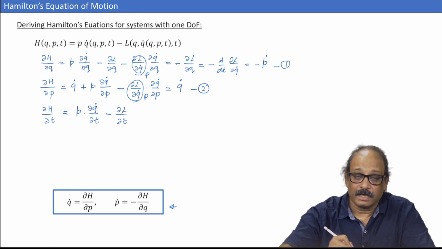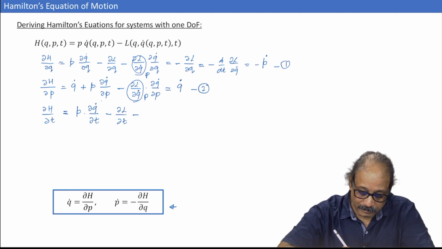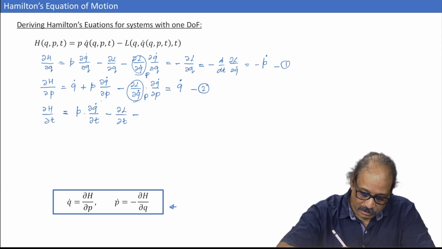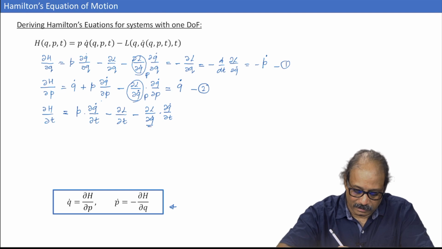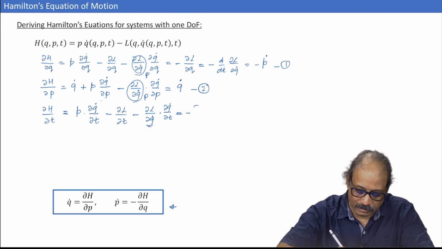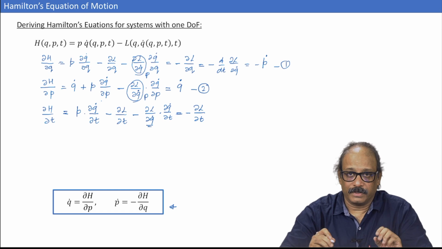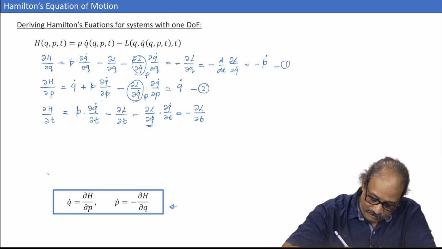That is because L is an explicit function of t, and L also depends on t through q dot. So, it is del L by del q dot into del q dot by del t, and again you can immediately notice that this is equal to minus del L by del t. Okay. Fine.